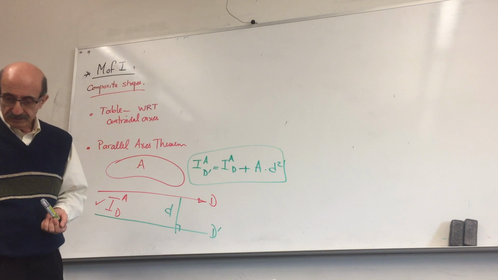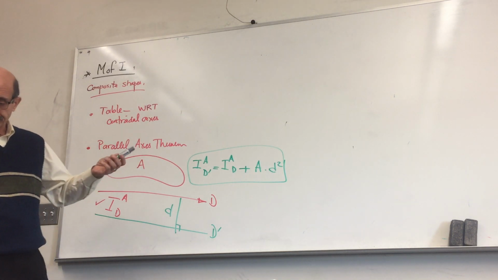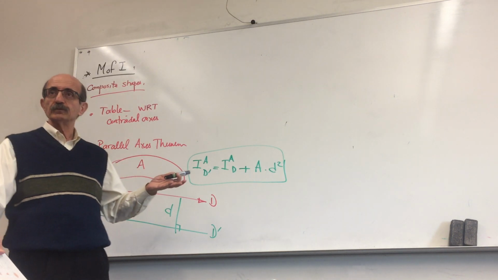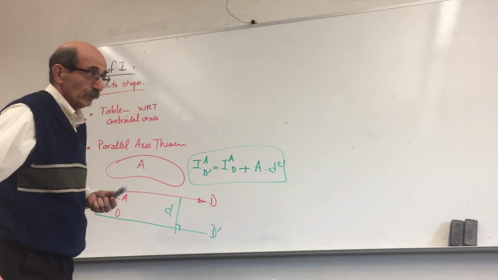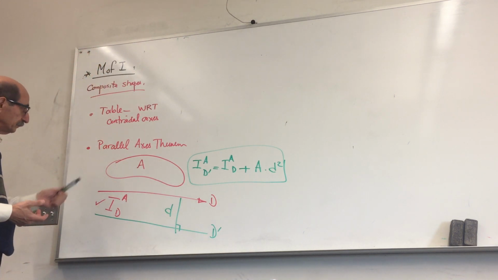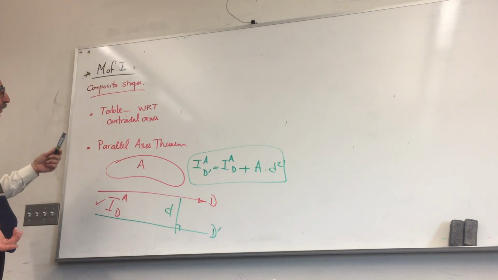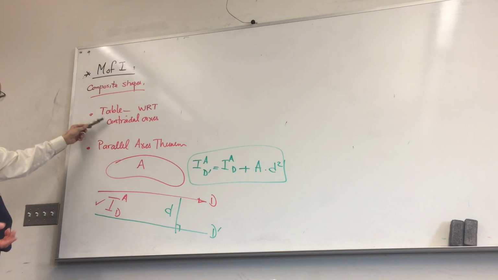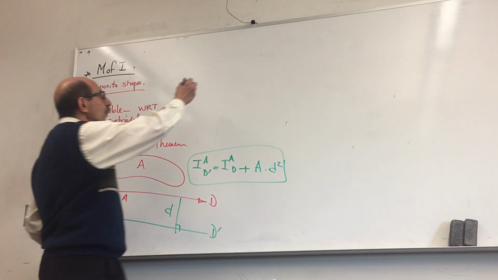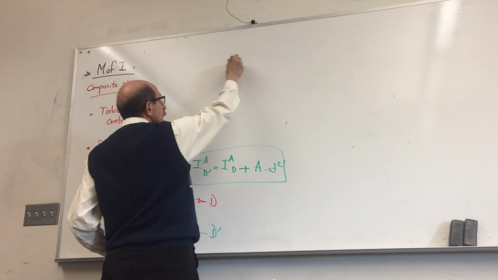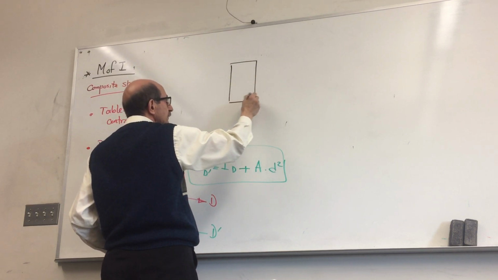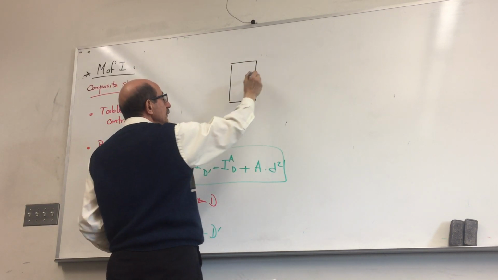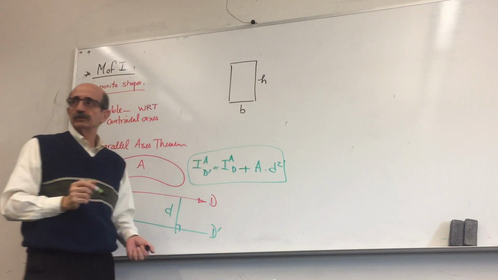Also, these formulas are not really that difficult to derive if you want to. You don't have to, but let me at least derive one of them to show you both of these, right? Let's say you want to find the moment of inertia of a rectangle with a width b and height h.